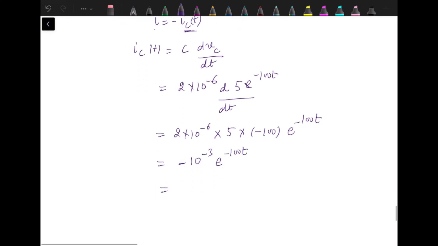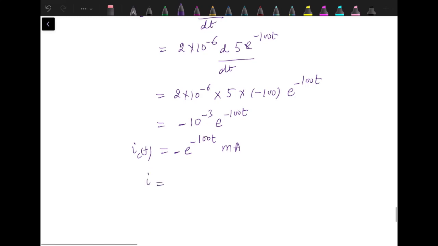So we can say it's minus e raised to a power minus 100t milliamperes. Now this is the value of current through the capacitor. Since I has opposite direction as current through the capacitor, it is e raised to a minus 100t milliamperes.